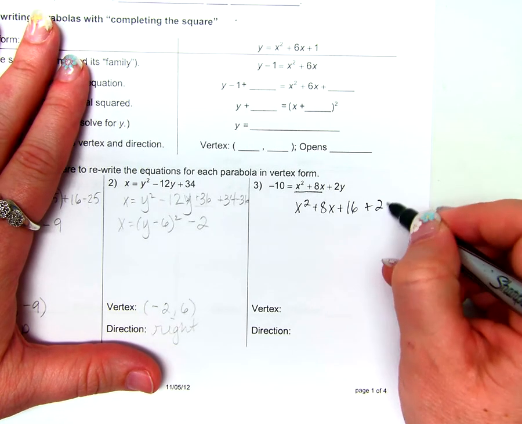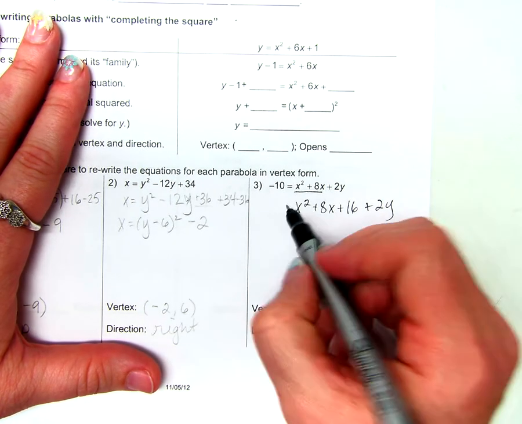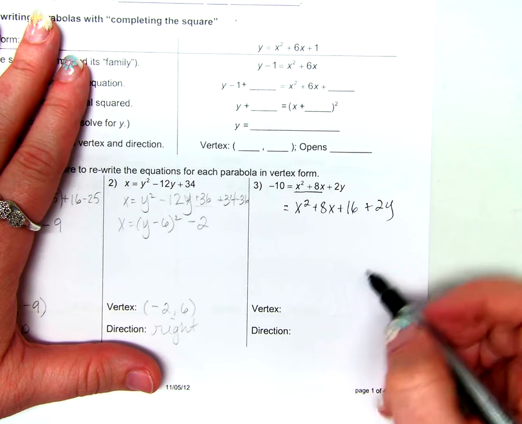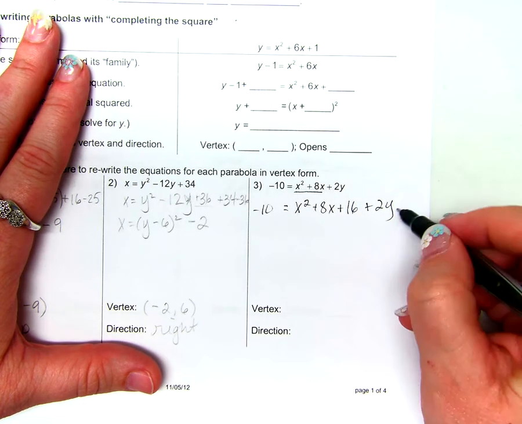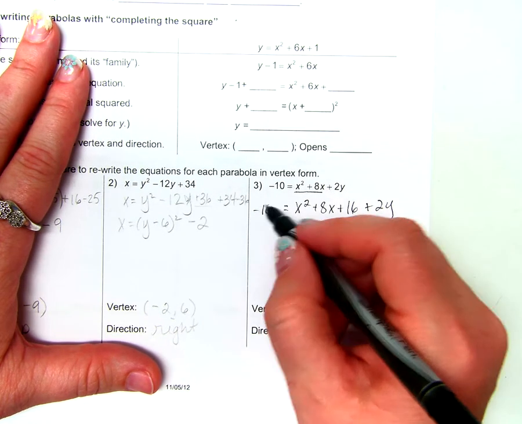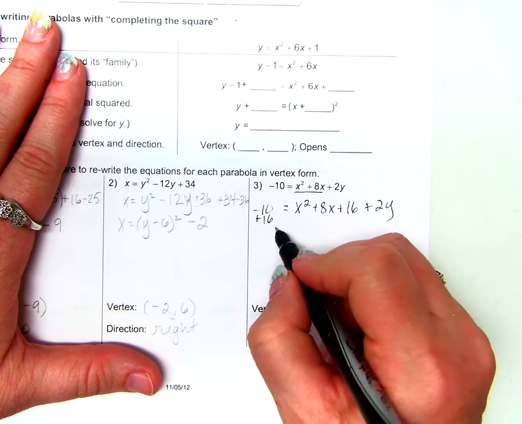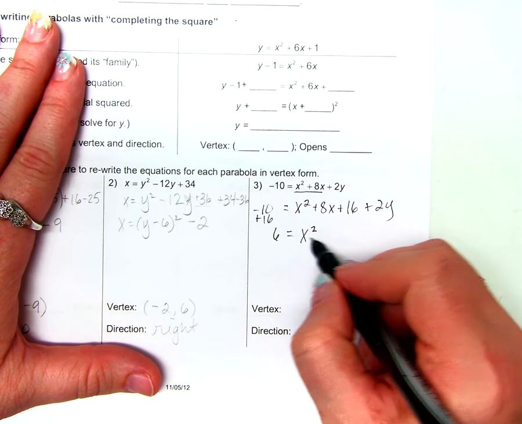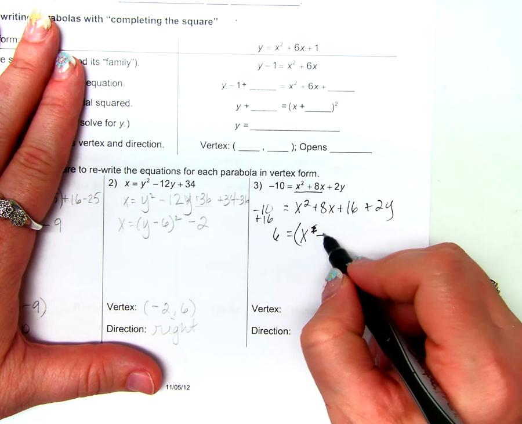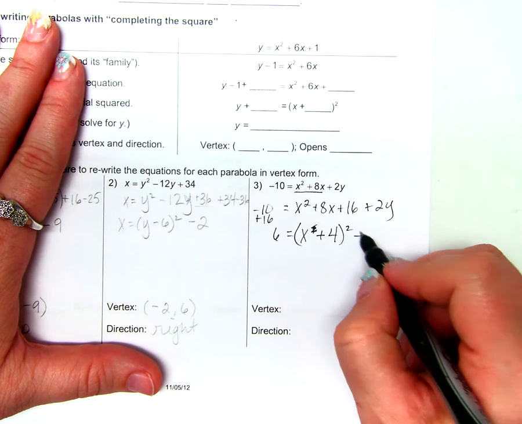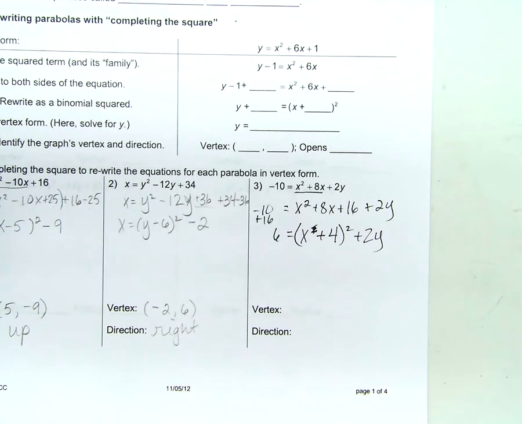So plus 2y, what do you want to do? Do you want to subtract 16 over here, or do you want to add 16 over here? Okay. So 6 equals, or sorry, not x squared, but x plus 4 squared plus 2y. So now I have a problem.